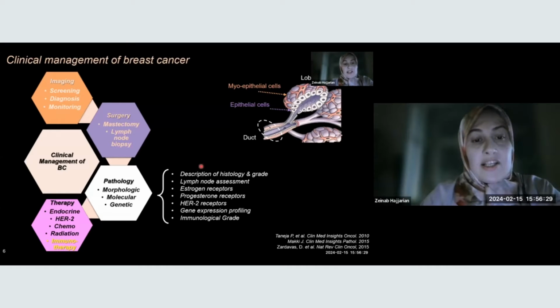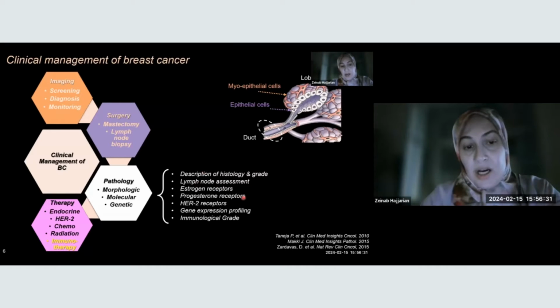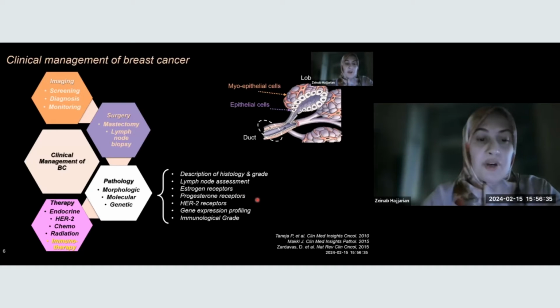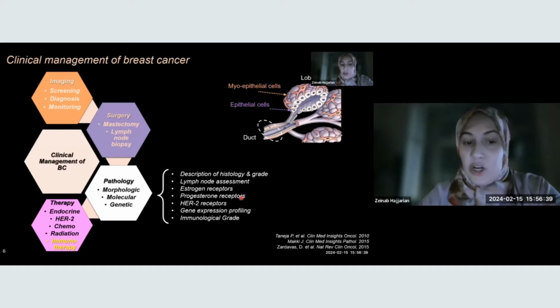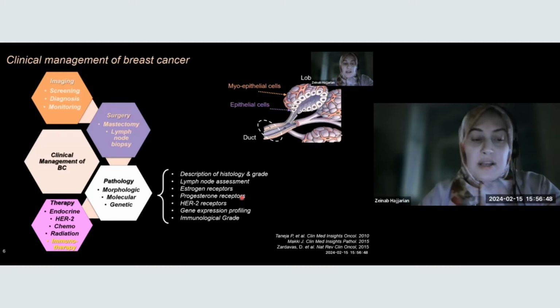So depending on the histopathology of the disease or the status of the lymph node, and what molecular expressions are involved, such as estrogen and progesterone receptor status, the HER2 status, or sometimes gene expression profiling and certain mutations, there are going to be some treatment regimens administered.